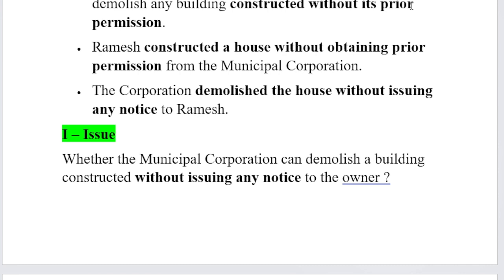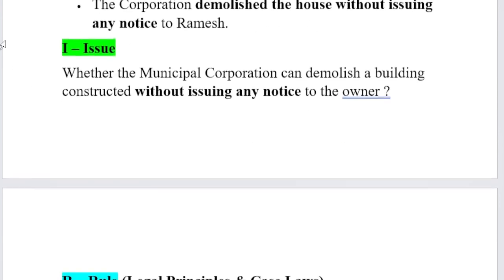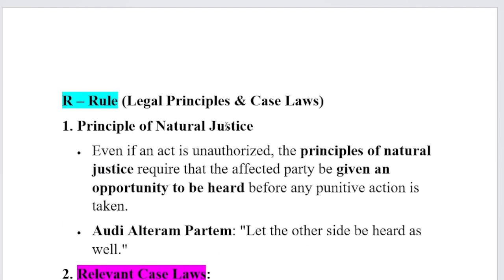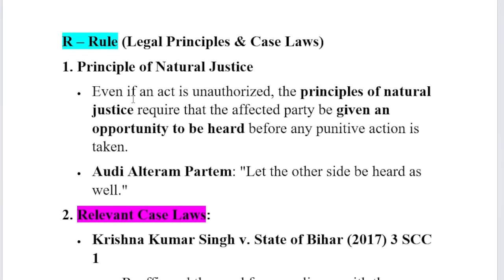After the problem, we have to go for the rule of law or principles of law. Here, we have to discuss the principles of natural justice. As you know, there are certain principles of natural justice, and as per these principles, certain conditions have to be followed.